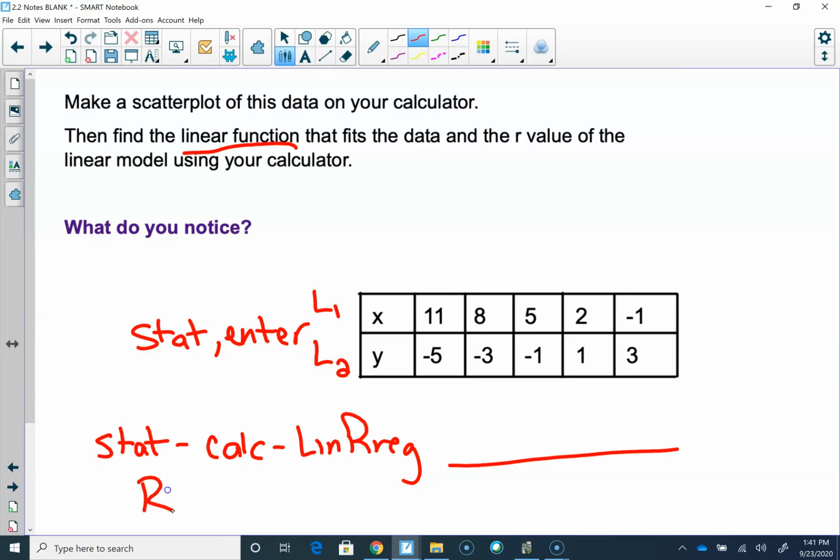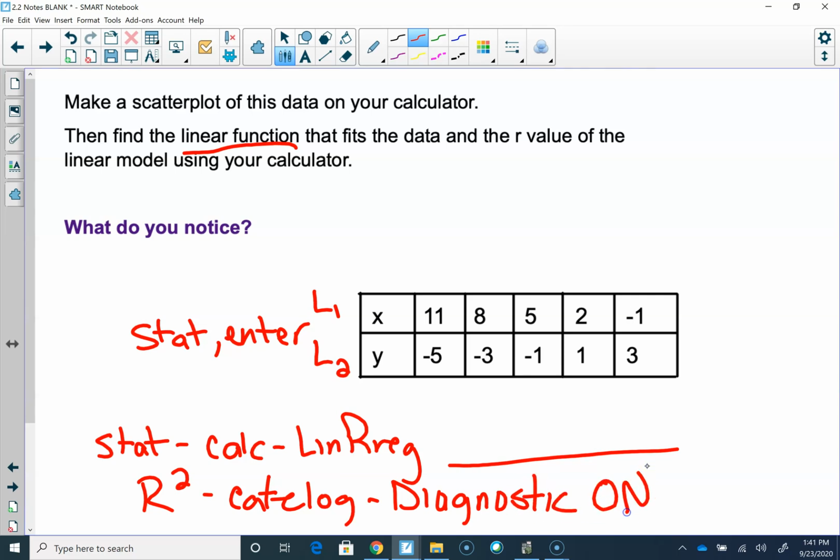And then if you find the R squared value, and if it's not on there, you need to go into your menu or your catalog and turn your diagnostic on, and then push enter so it shows that it's on, and that will get you your R squared value.